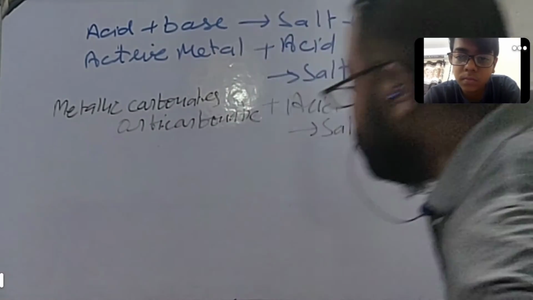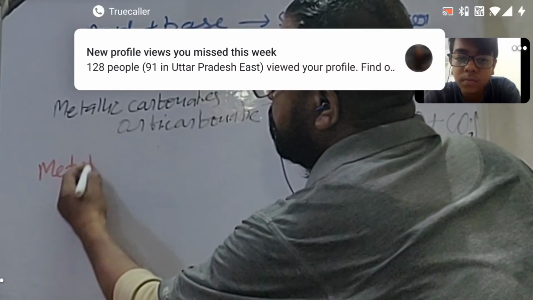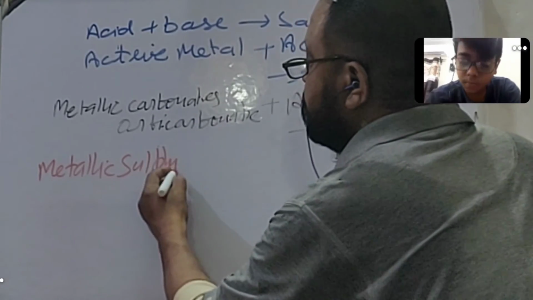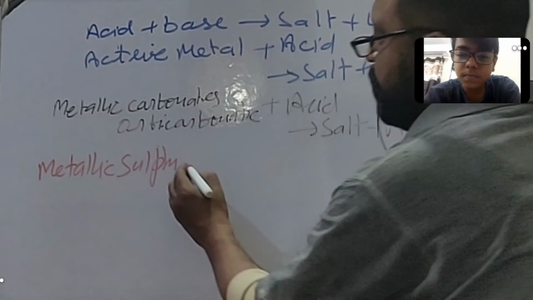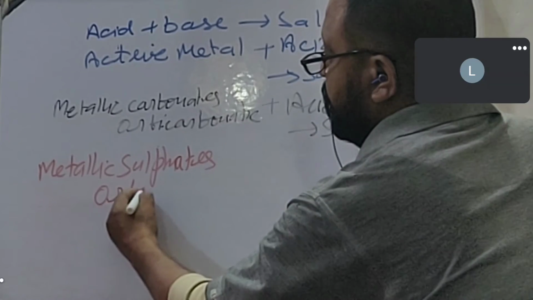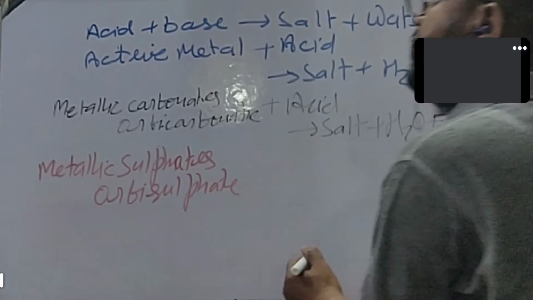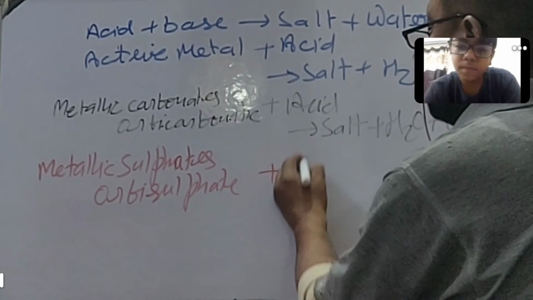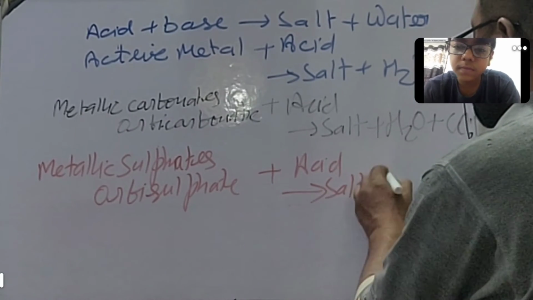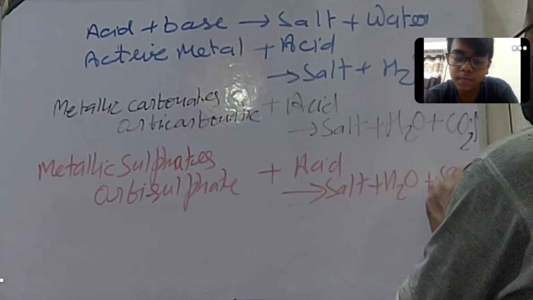And next we have metallic sulfites or bisulfites. Sulfite or bisulfite plus acid gives you salt plus water plus SO2 gas, right?